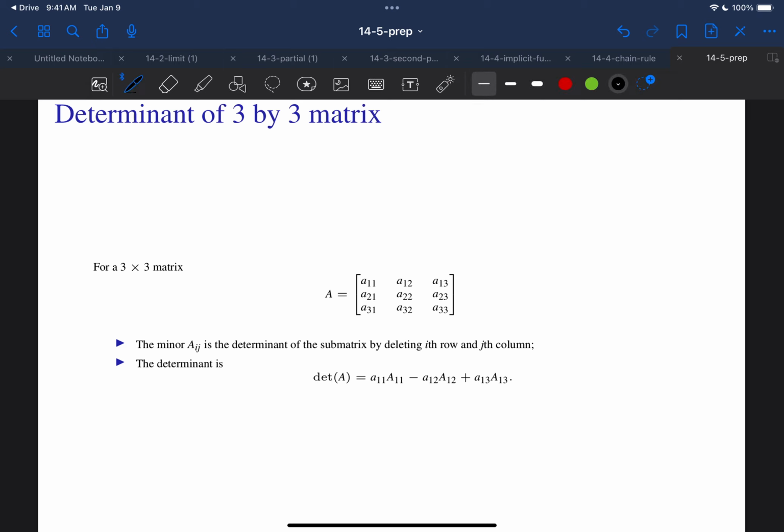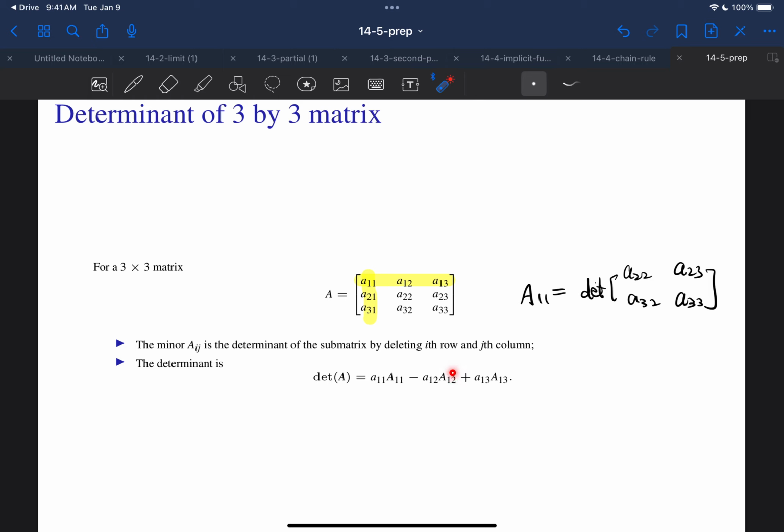If you delete the first row and first column, the remaining box is given by a22, a23, and a32, a33, and its determinant, which is a number, is M11.